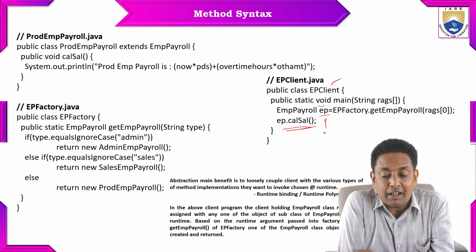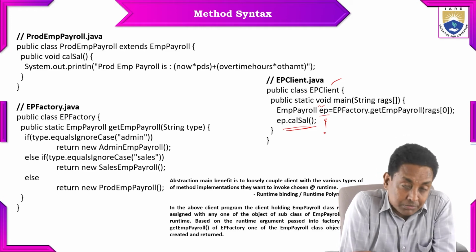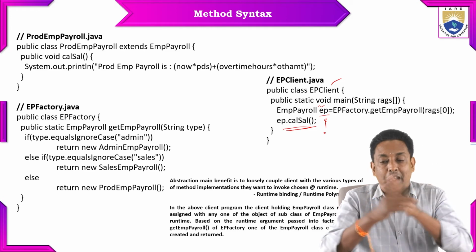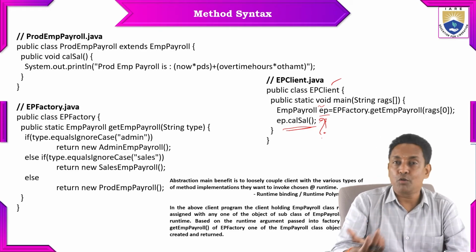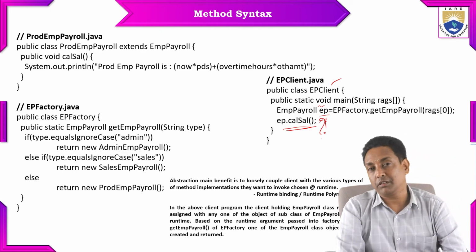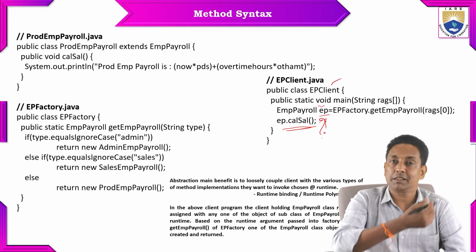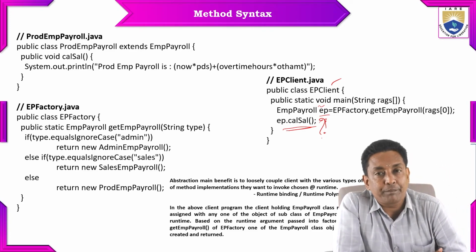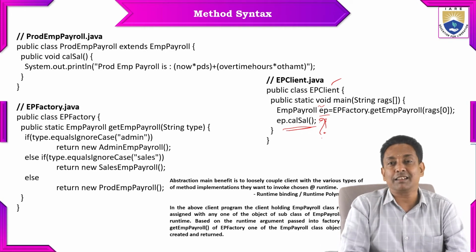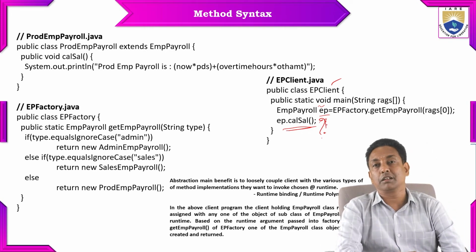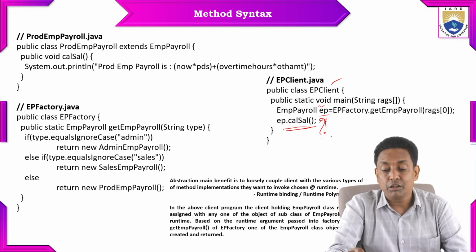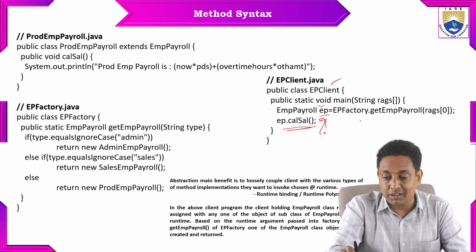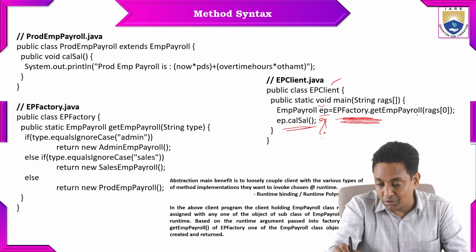If you ask a client to choose which employee payroll class object he wants, he'll be in a big dilemma. Whether I want to invoke calculate salary on admin employee, or sometimes on sales employee, or sometimes on production employee. He cannot concretely say that he wants only the admin employee payroll object. If sales or production employee salary calculation comes, does anybody change the object creation statement logic?